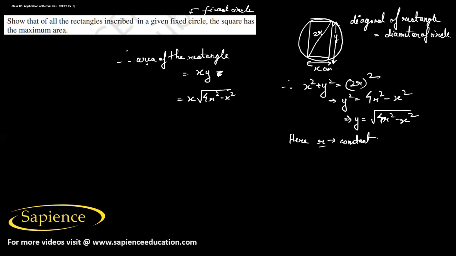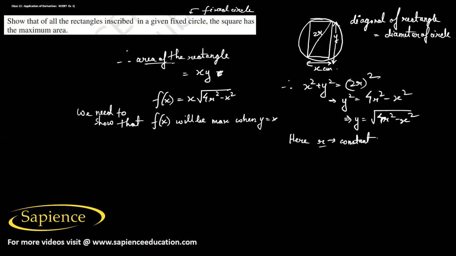So let's say the area of the rectangle, we call it some function f of x. So now we have to show that the maximum area will be obtained when y equals x. So we need to show that the function f of x, which is the area, will be maximum when y is equal to x.